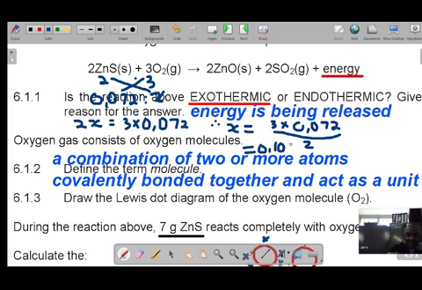These are the moles of oxygen required, so I can get the mass which they want.